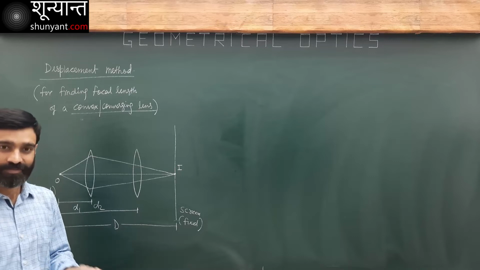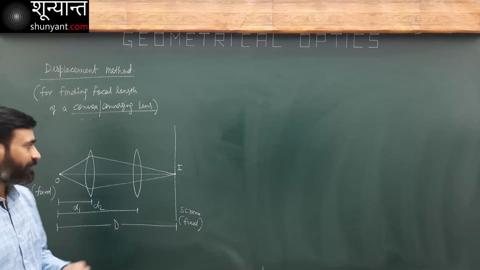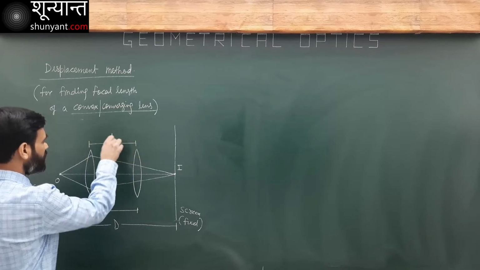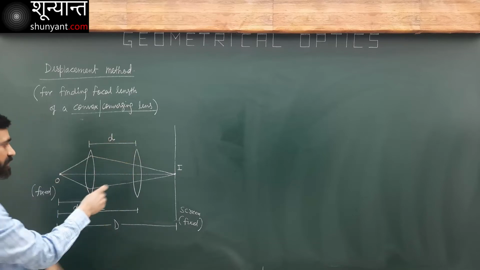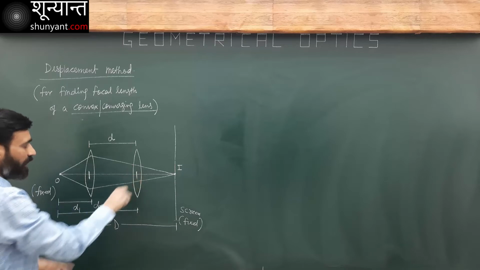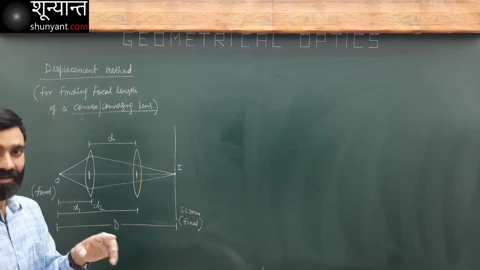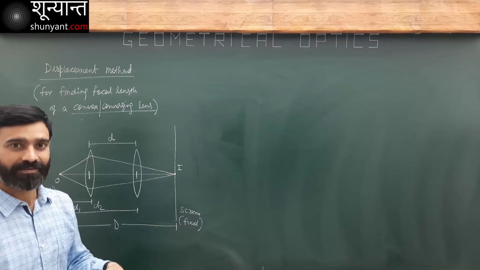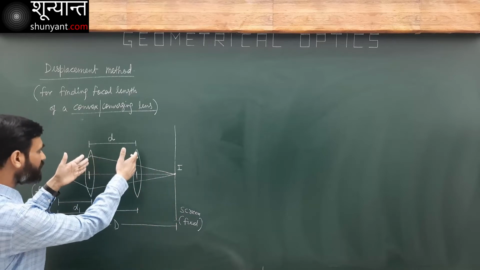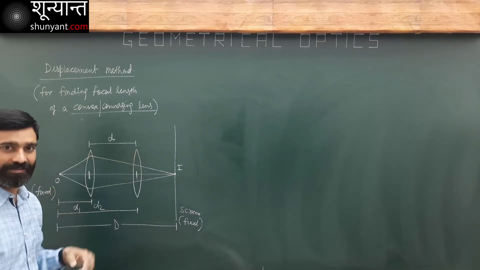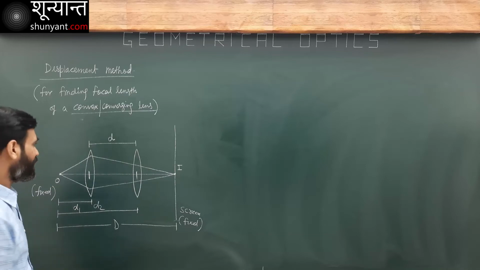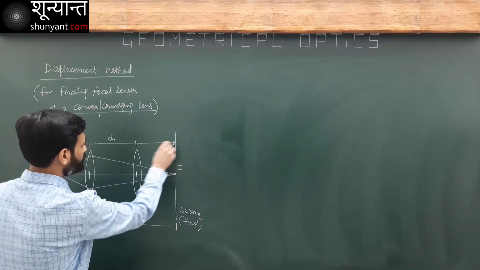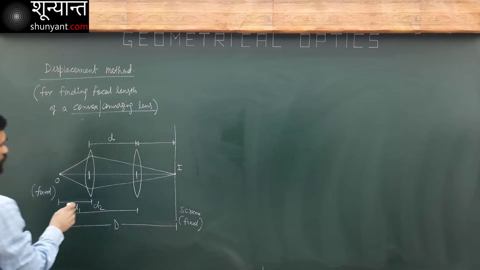This is known as displacement method. I am going to get a sharp real image on the screen for two different positions of lens, and if I know the separation between these two positions, I can find focal length. Now, if this is D1, what should this be?